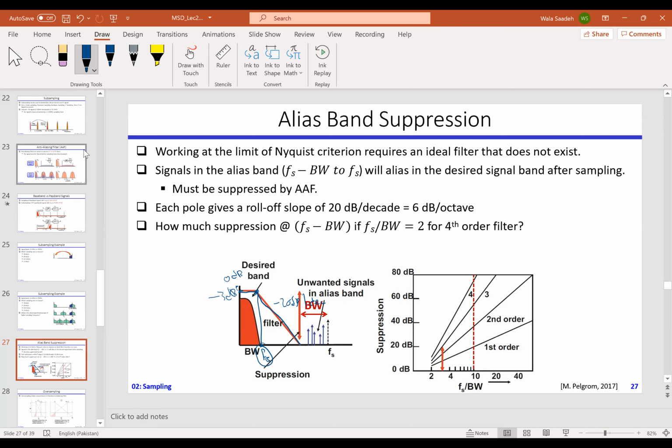So 4 poles means each one will contribute minus 3. So minus 3 times 4, you will have minus 12 dB. So at the 4 poles, it will be 12 dB suppression. Any question?